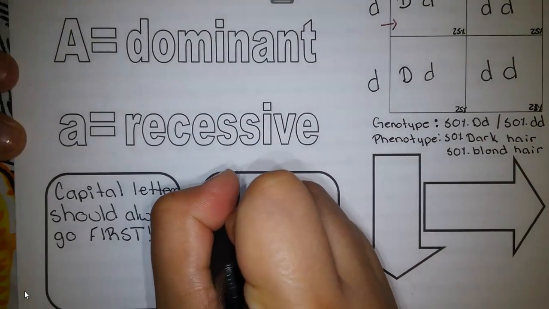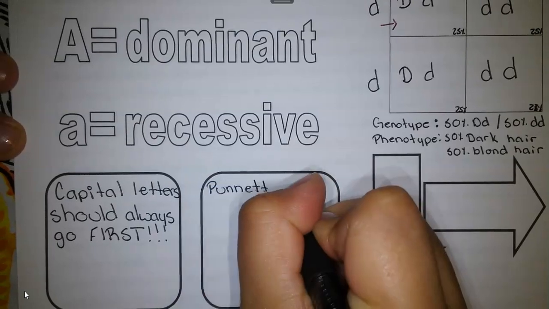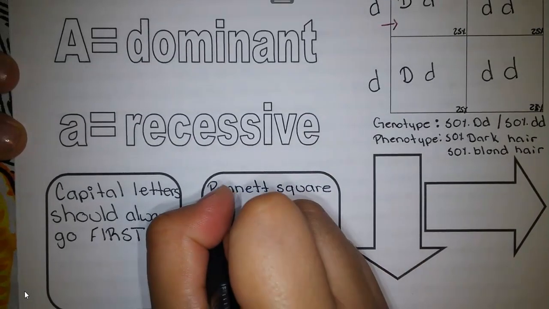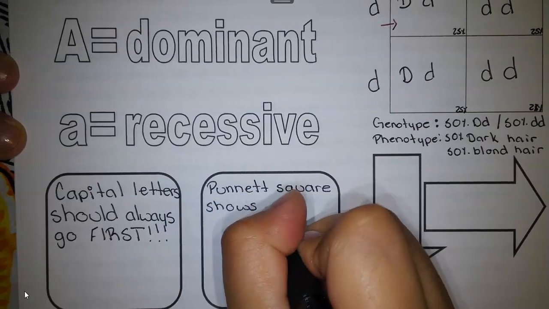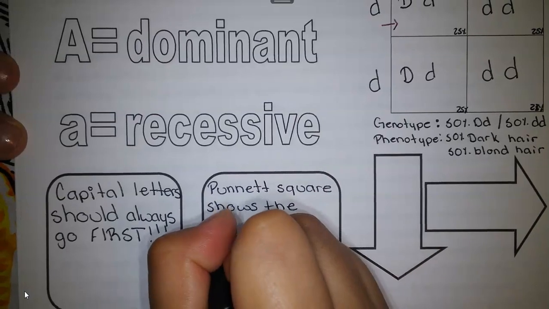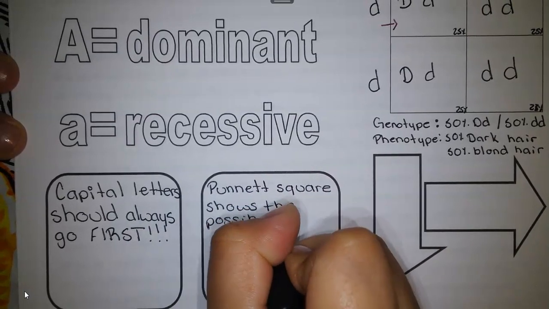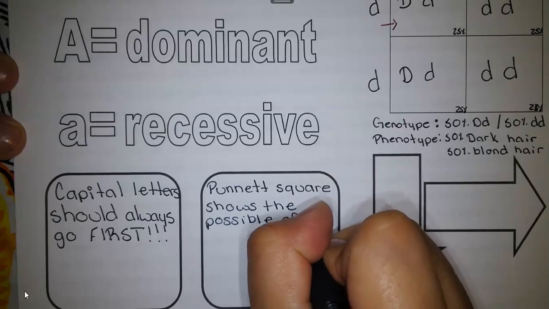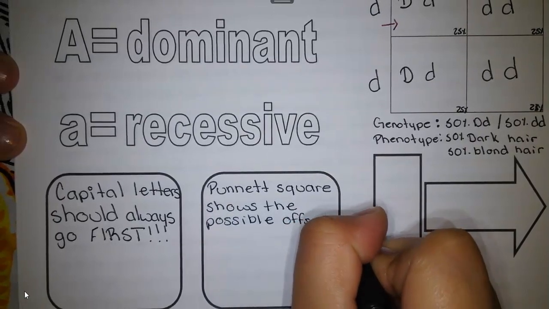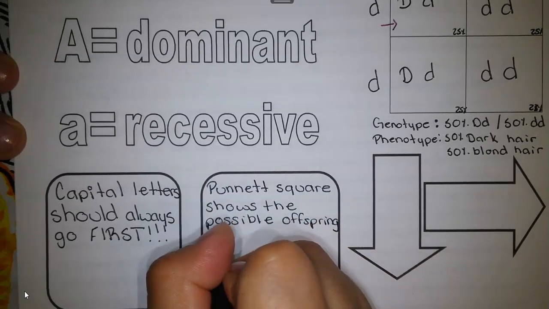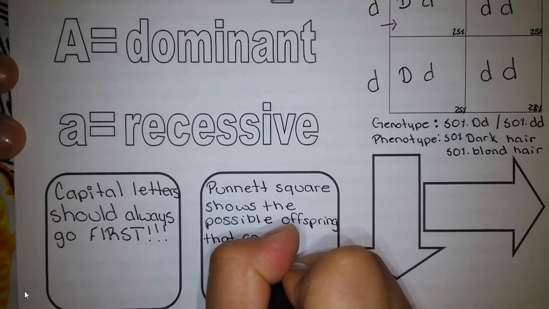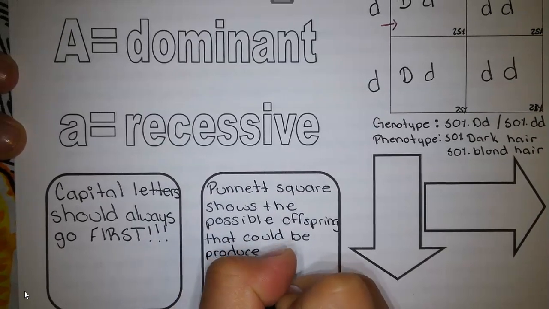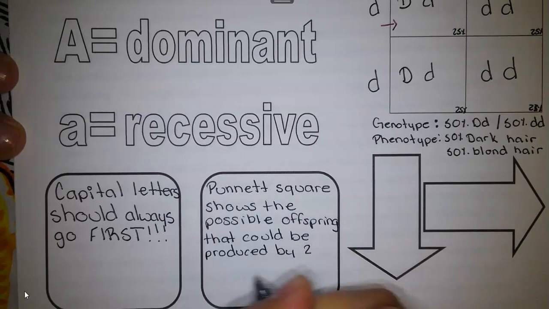So a Punnett square shows the possible offspring that could be produced by two parents.